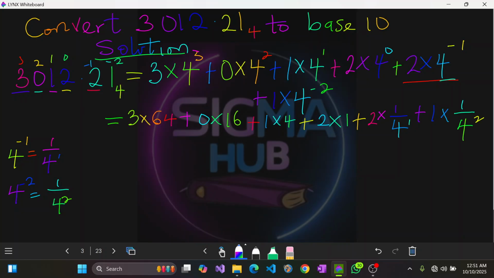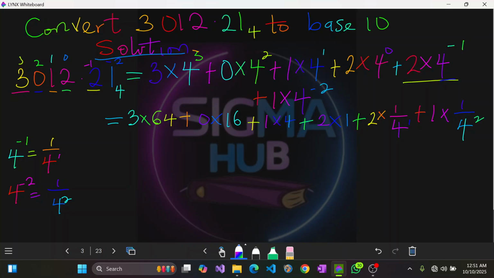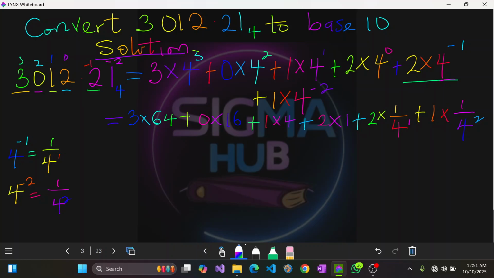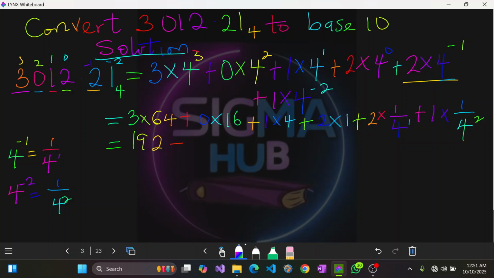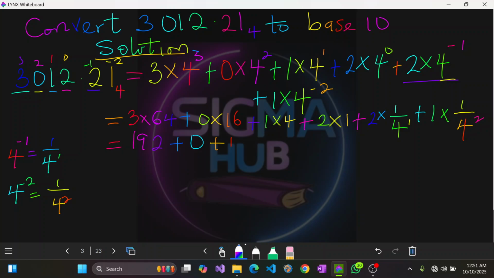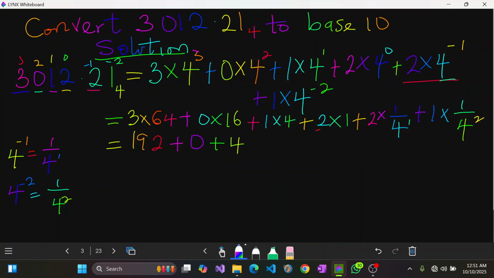Then we begin to solve all these. So 3 times 64 is 192. So we have 192 plus 0, because 0 times 16 is 0, plus 4 times 1, which is 4, then plus 2 times 1, which is 2.